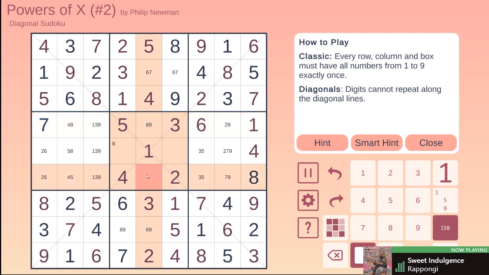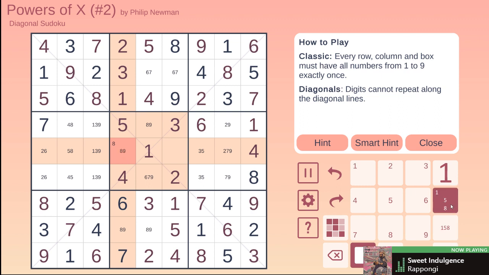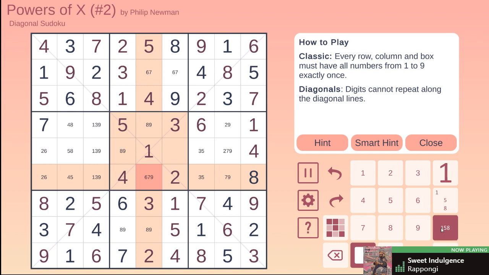Well, this can't be an 8, so it's a 6, 7, or a 9. This has to be an 8 or a 9. It's the other 8-9 pair. It's the deadly whatever, you know. Which means this cannot be a 9, because this is a pair. So this is a 6, 7 as well. Great.